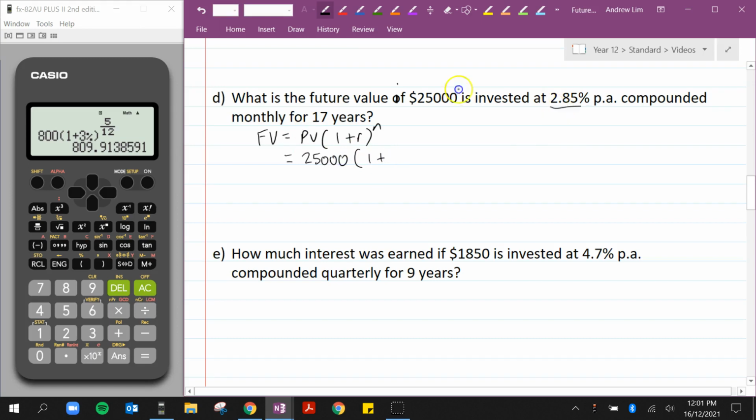The rate is 2.85%. But it's compounded monthly, so I need to divide that by 12 because there are 12 months in a year. For 17 years. But because I divided by 12, I need to times that by 12 so that they are now in the same unit. Remember, this is per month. So we need to work out how many months are there in 17 years. Just times it by 12.